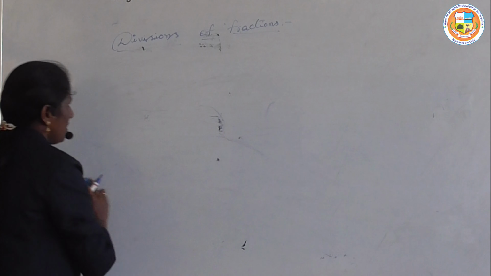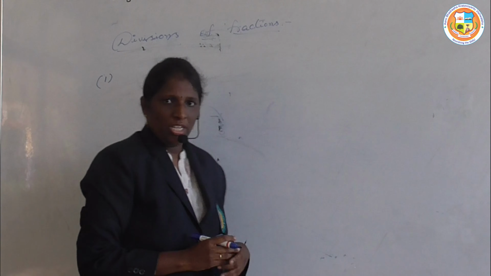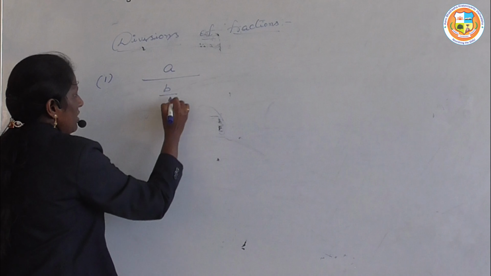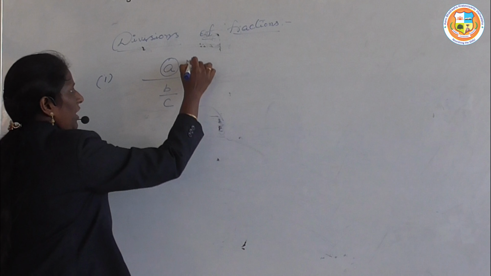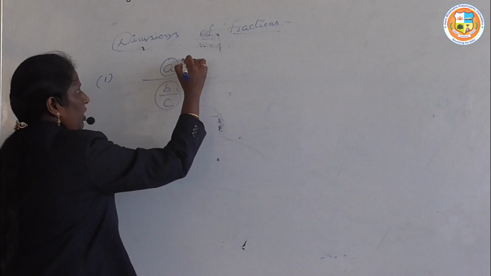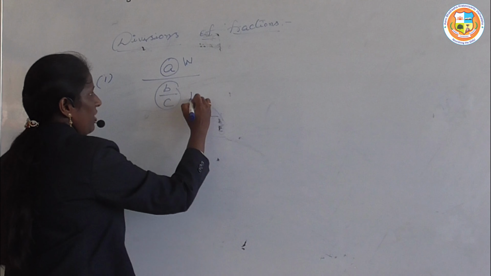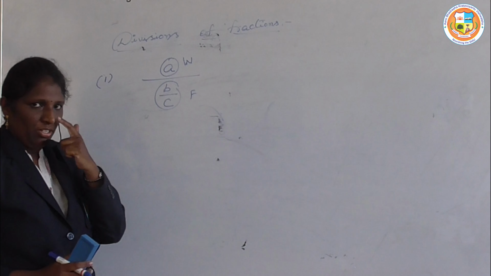Here also there are 3 cases. The first case is to divide a by b by c. Here a is in the numerator, that means it is a whole number, and b by c is one fraction. Whole number divided by fraction.